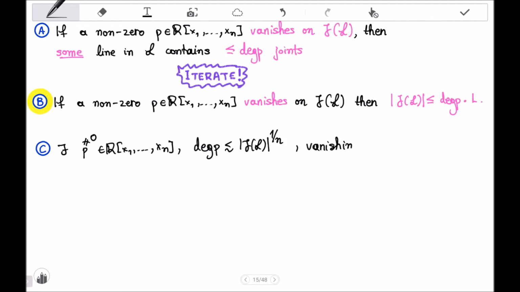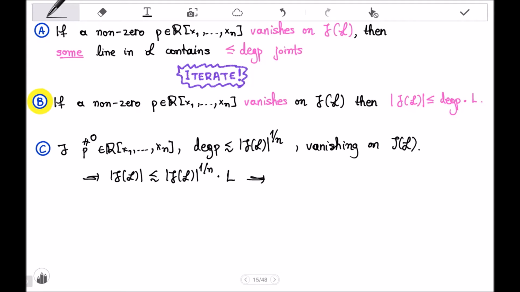Vanishing on the joints. So now that we have found the low degree polynomial that vanishes where we want, we go and plug that in here. This means that the joints are at most the degree of that polynomial times the number of lines.